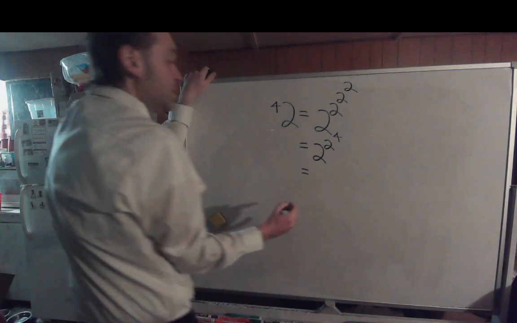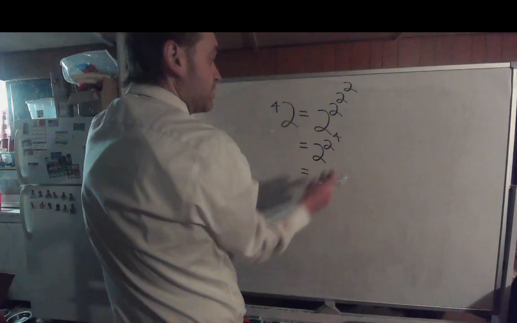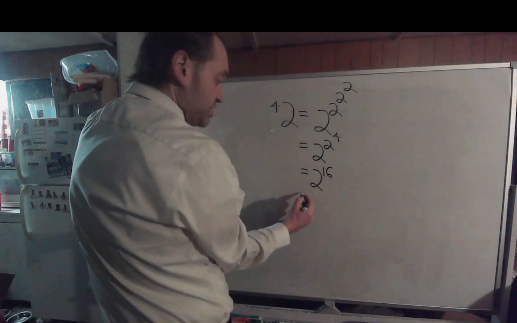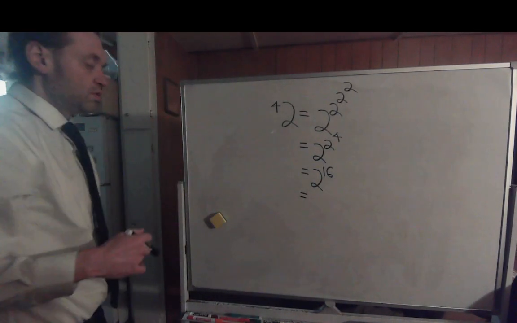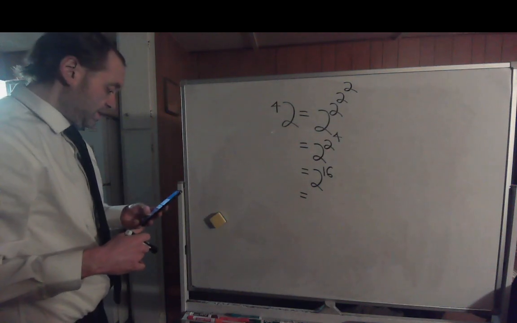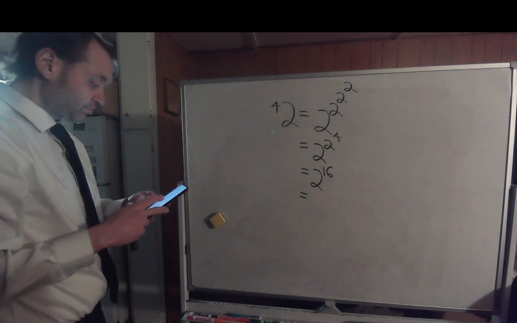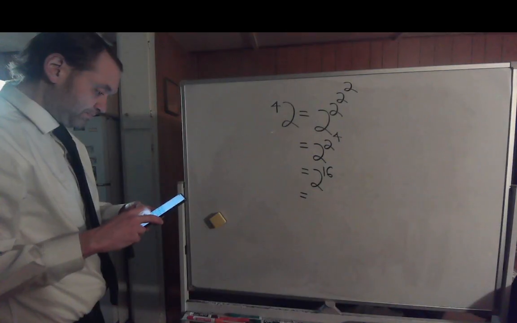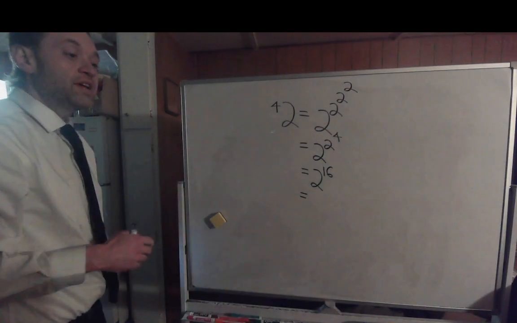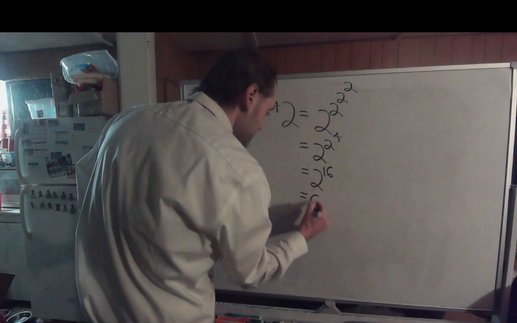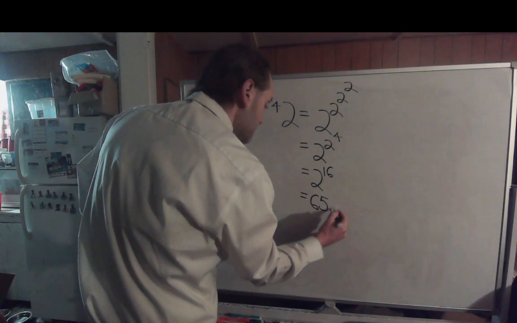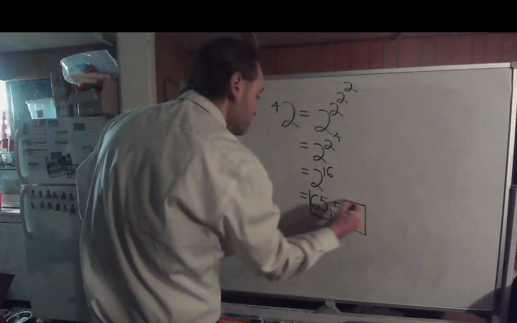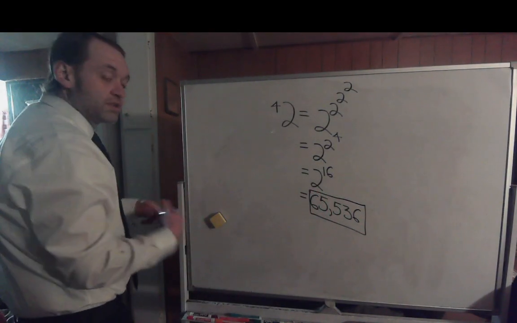What is 2 to the fourth? That's 16. So this would be the same as 2 to the 16th, which I know we touched on earlier. But what is 2 to the 16th exactly? 65,536. So the fourth tetration of 2 would be 65,536.